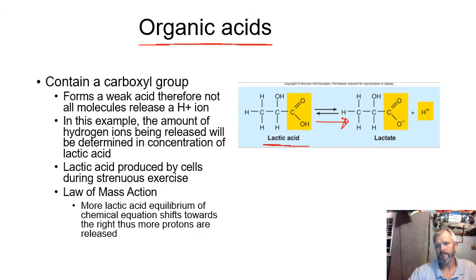Okay, and what happens is that lactic acid ionizes and creates protons. What's an acid? An acid can release these. So as I make more lactic acid, I'm essentially releasing more protons, and my blood is becoming more acidic. My pH is starting to drop because I'm increasing the amount of protons.